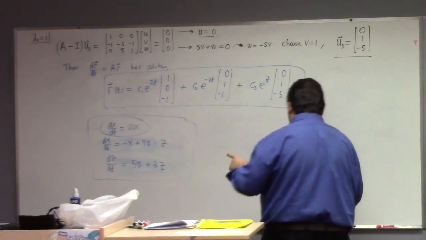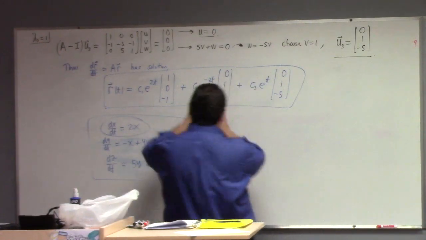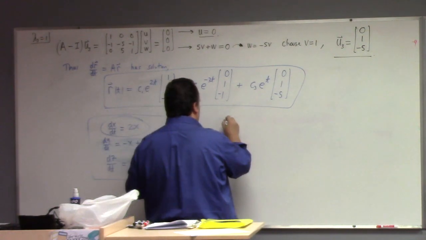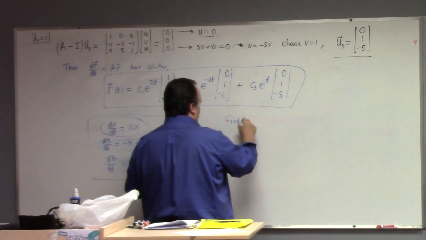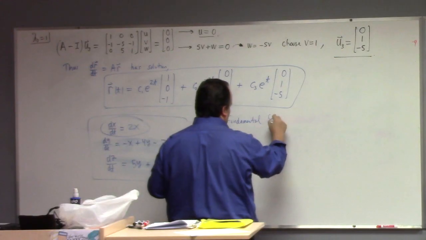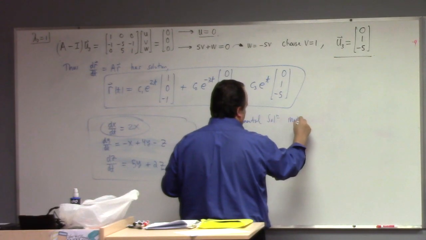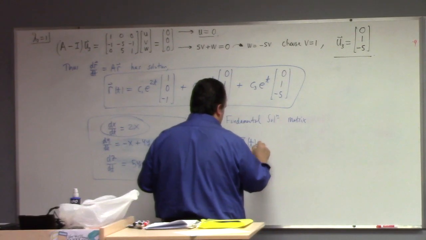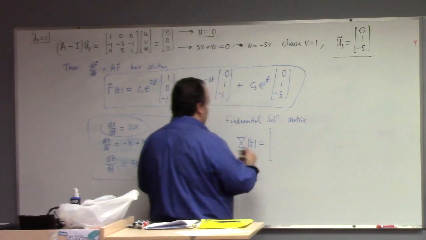One of the things I wanted to say here before I leave this example is that from this, we can build a fundamental solution matrix. What is that? It's a matrix of solutions where the solutions are linearly independent.